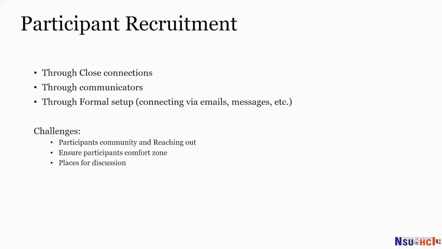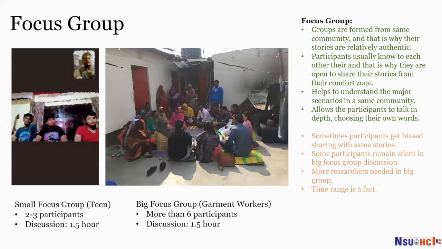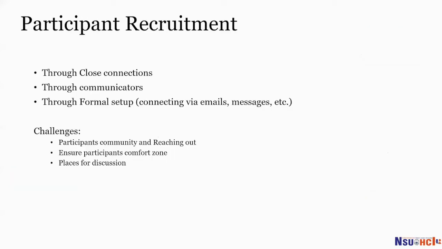So it can be some quiet place, or someone's house. As you see, this is the house of the garment workers, and this was the house of a teen's sister. We went to these places where the participants can share their voices and feel comfortable.